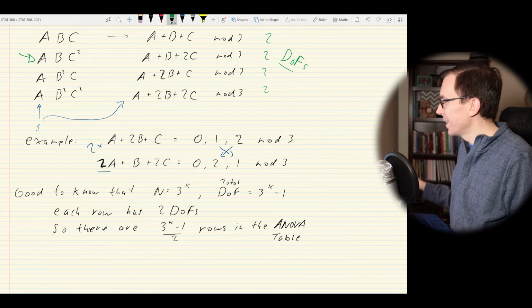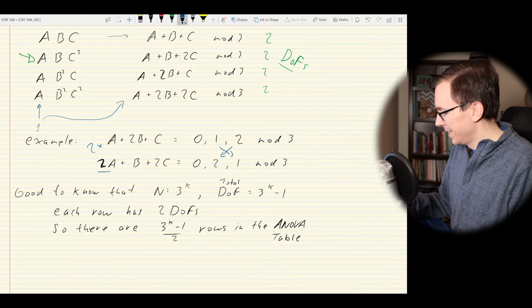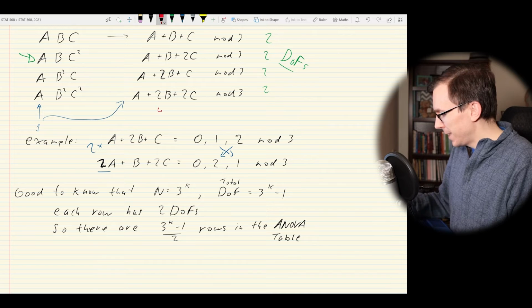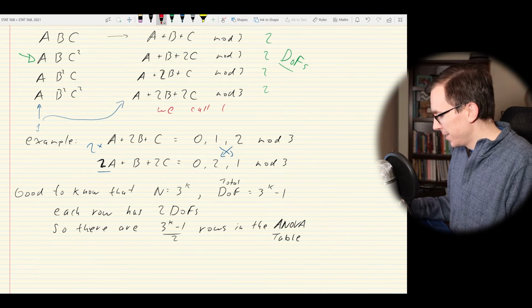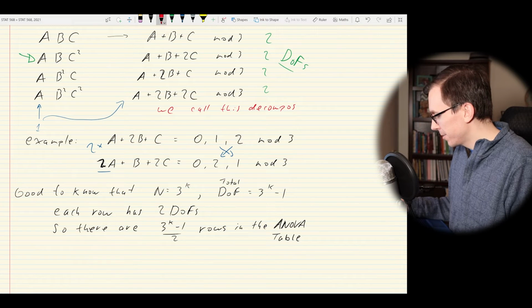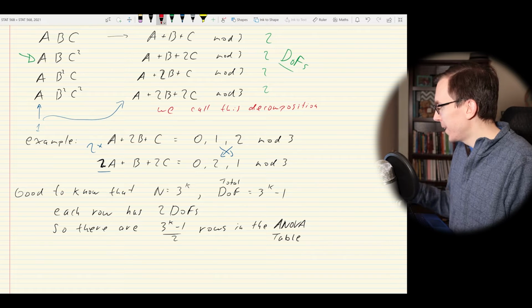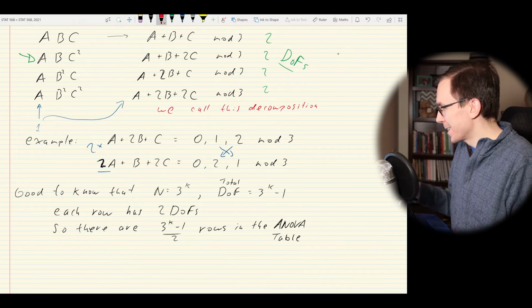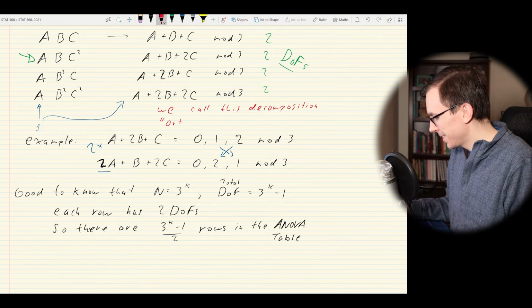I forgot to mention one thing. What do we call this? Let's put that in red here. We call this decomposition an orthogonal component system.